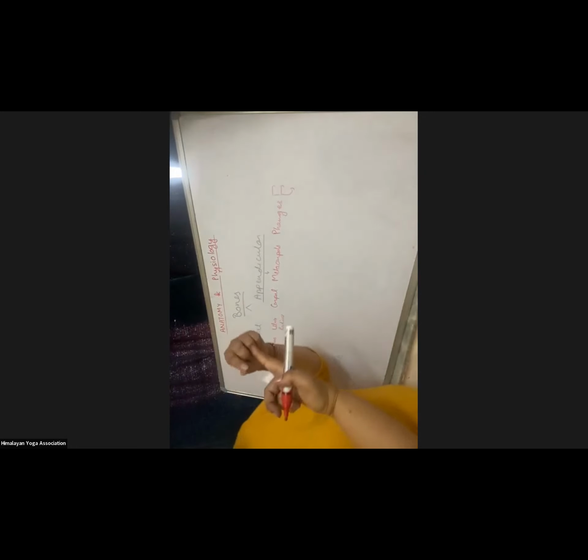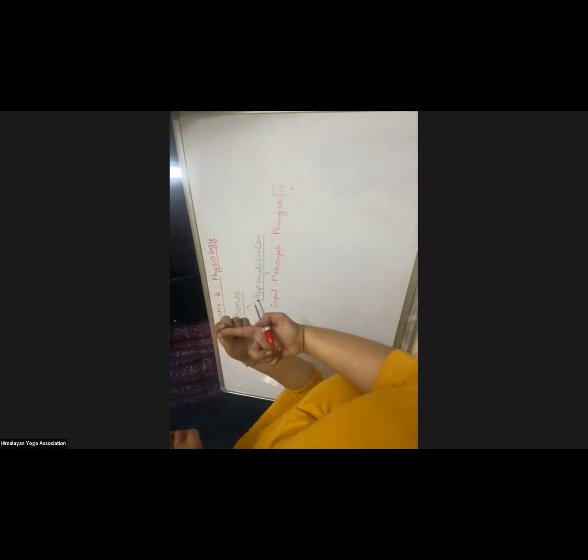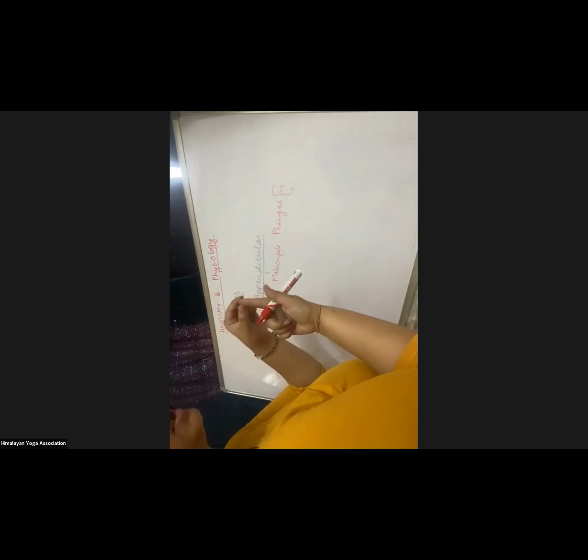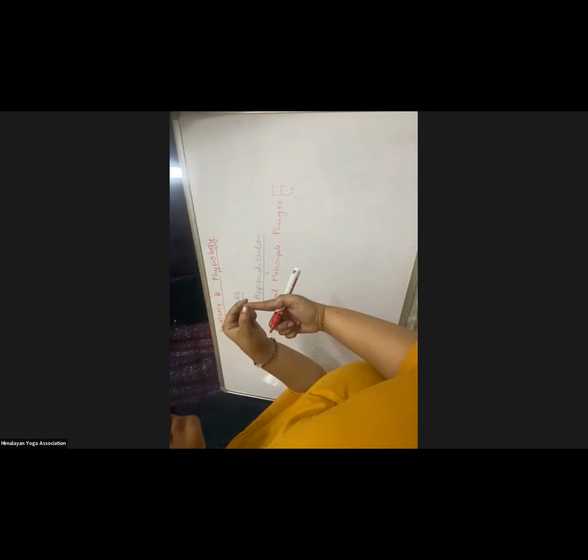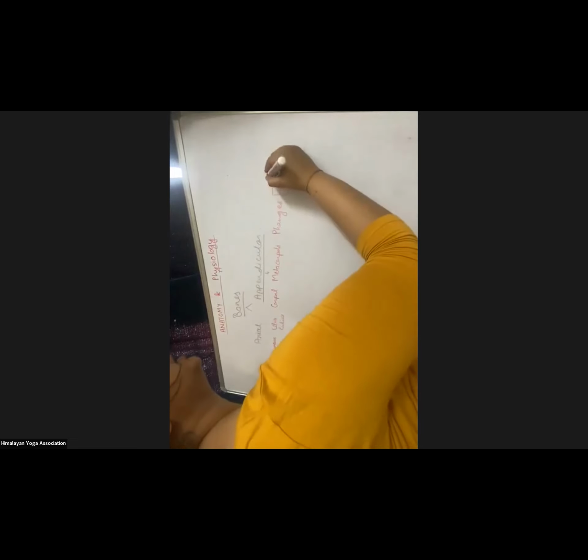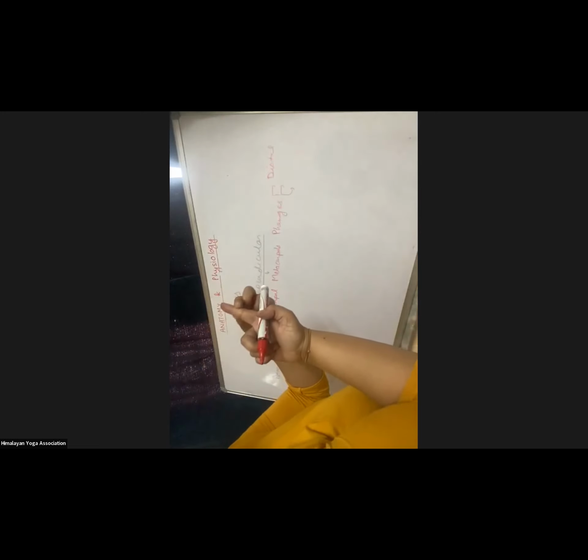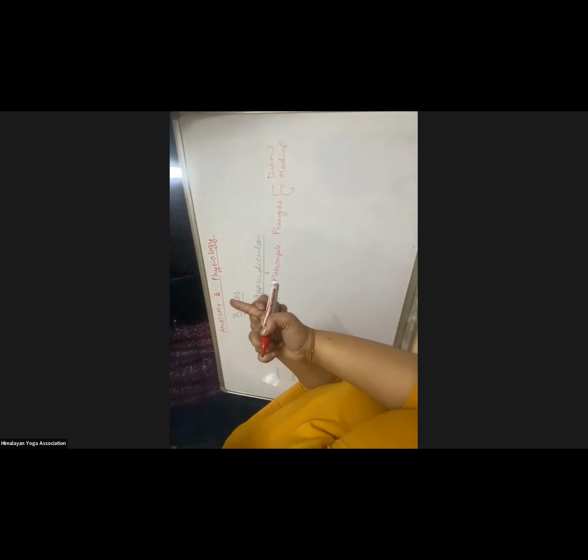Then we have phalanges. In phalanges, how many types do we have? Three types, apart from the thumb. Okay. This is called? The distal phalanges. Yes. Then this? The medial. And this? The proximal phalange. Yes.